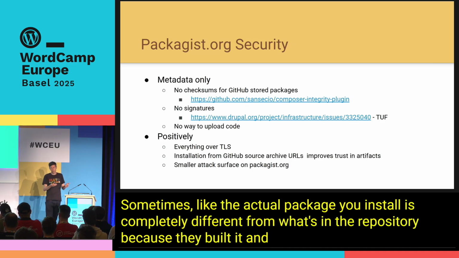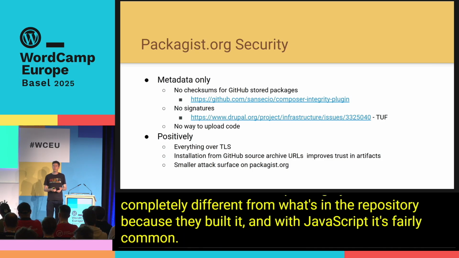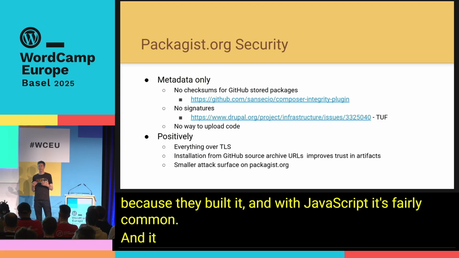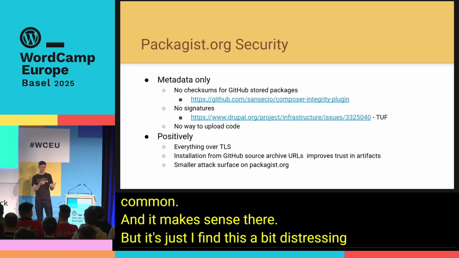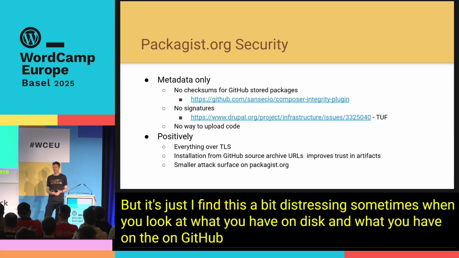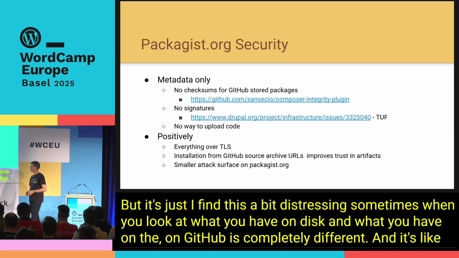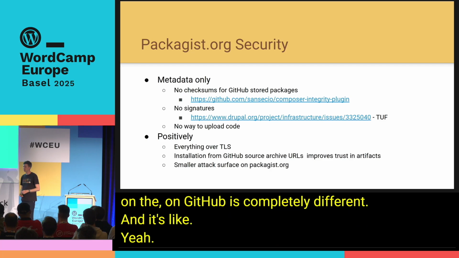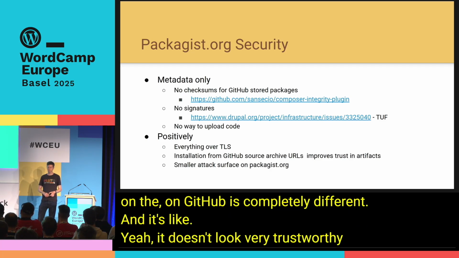With JavaScript it's fairly common and it makes sense there, but I find this a bit distressing sometimes when what you have on disk and what you have on GitHub is completely different. It doesn't look very trustworthy sometimes.